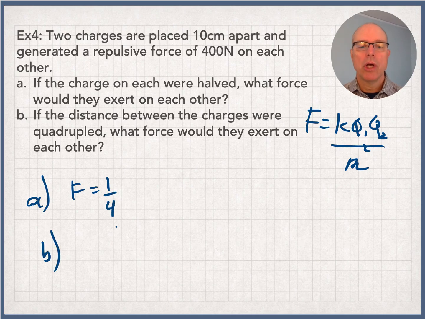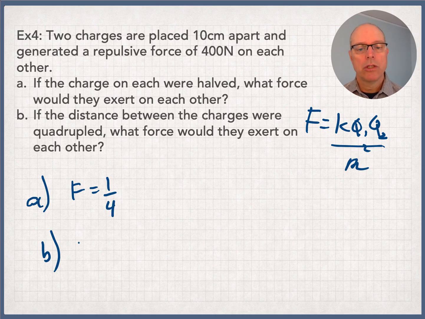Okay? So a little bit different is that the way the distance affects the force is that the distance is to the second power. So for example, if I were to double the R, the force would drop by a factor of 4 because I would be squaring that factor of 2.